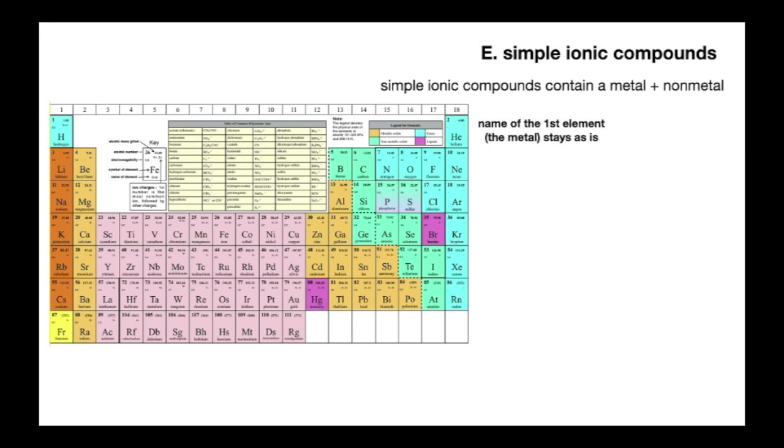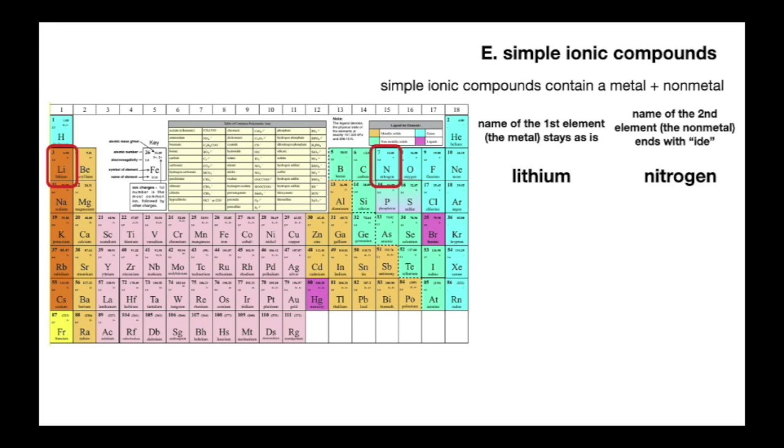All right, so we're also going to talk about how we name these things. So it's pretty easy. If I had lithium and nitrogen, I would just look at their names. The name of the first element, the metal, stays the same. I just write down lithium. The name of the second element, the nonmetal, ends with IDE.